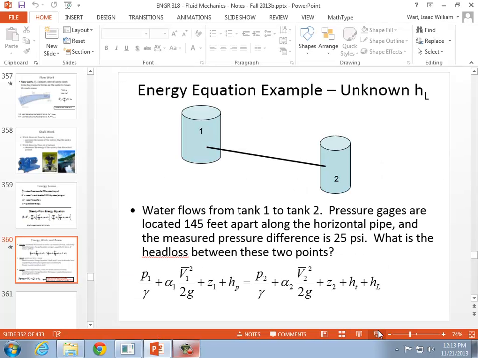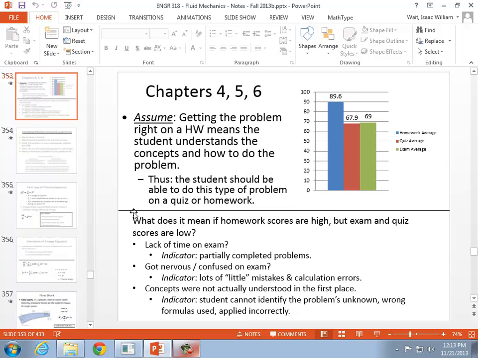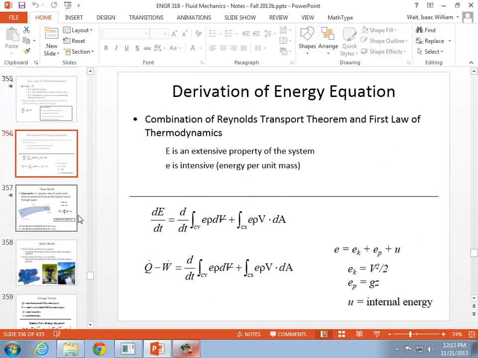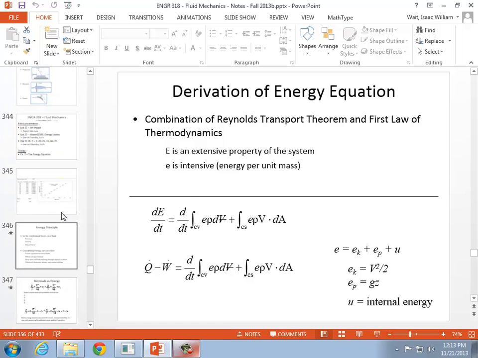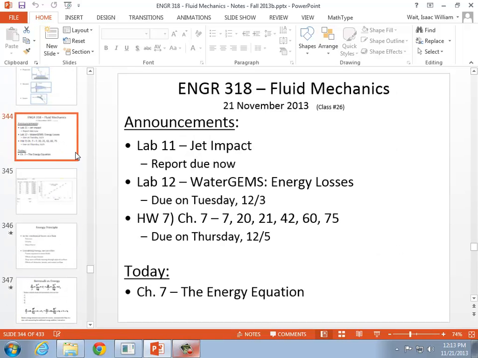Let's just revisit these announcements one final time. It's going to be a while since we see each other again, so burn it into your memory. Will we be able to do any of the homework tomorrow? Yeah, you can get started on the homework. The lab assignment will be due on Tuesday the 3rd. The homework assignment will be due on Thursday the 5th.